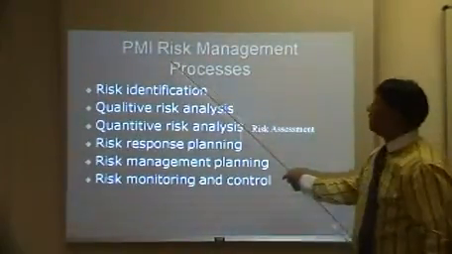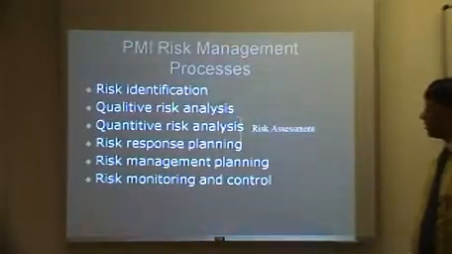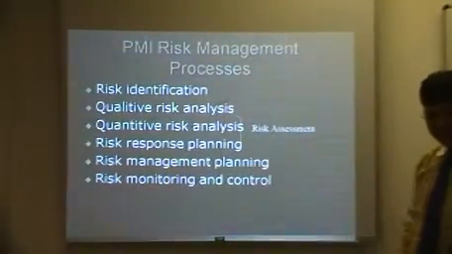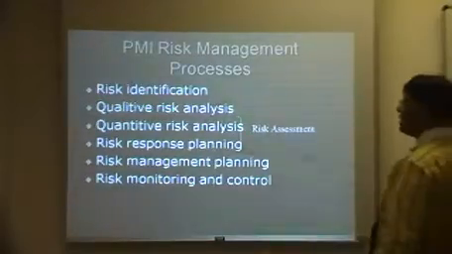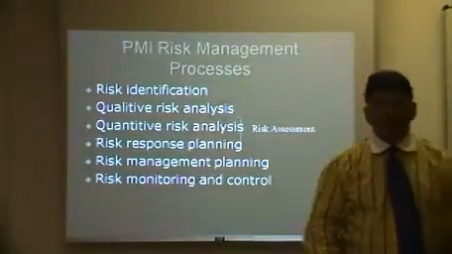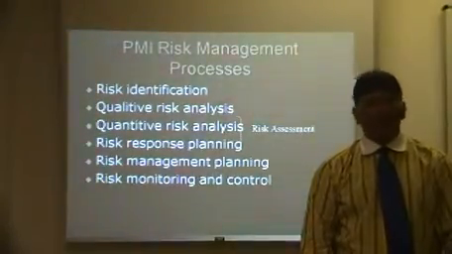According to PMI, the risk management process is done according to the following sequence of events. First of all, you need to do a risk identification. You need to identify your risk. How would you identify your risk?